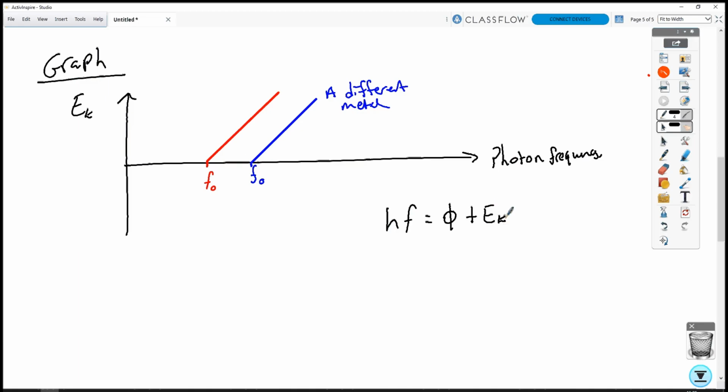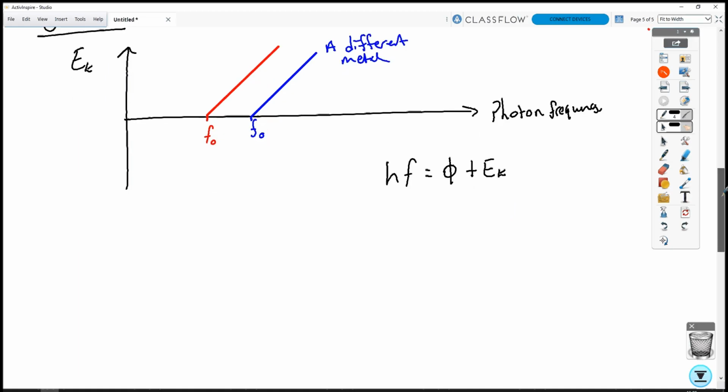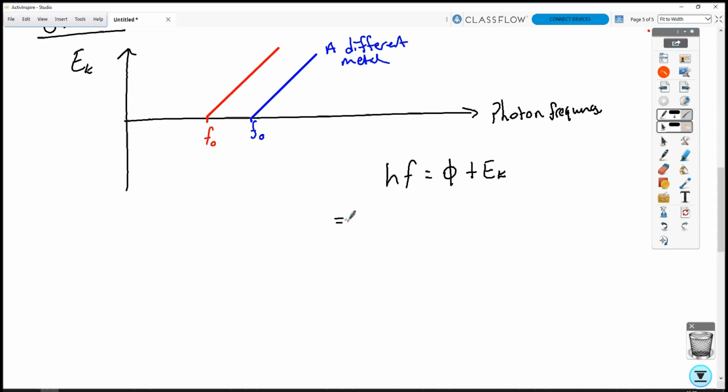Now we want to rearrange this to get it in the form of y equals mx plus c, where EK is the y-axis and f is the x-axis. So when we rearrange that, it implies that EK is equal to hf minus phi, and then underneath that we represent it as a y equals mx plus c graph.